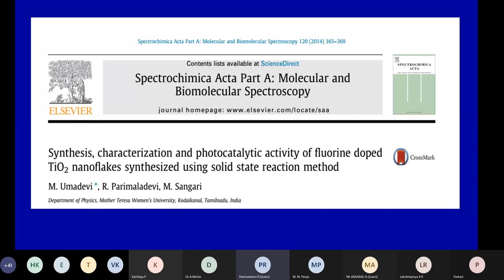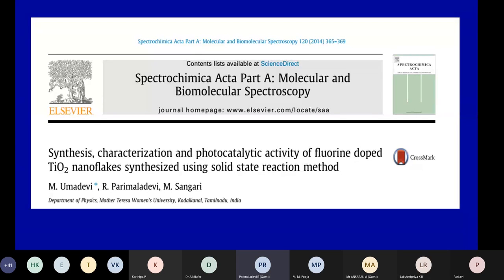Normally it has a higher band gap, so we want to reduce that band gap by doping, so that our photocatalytic activity becomes more efficient at removing the pollutant. So for that we dope this titanium oxide with fluorine.